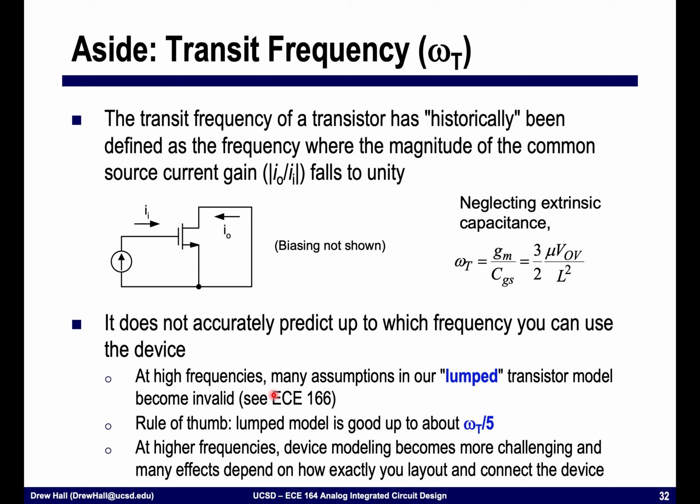And so if you're taking 166, you will see this many times over again. The general rule of thumb is that you typically can use the lumped model up to about Ft over 5. And it's often hard to design circuits, any circuit, even simple circuits, that approach Ft over 20 or Ft over 50. So that kind of gives you a general idea of whether this technology is fast enough for the circuit that I want to build.